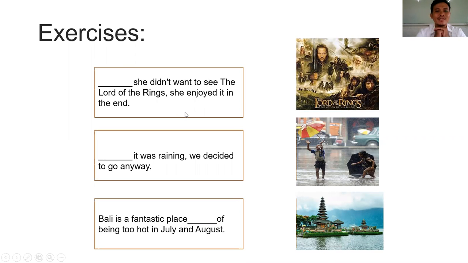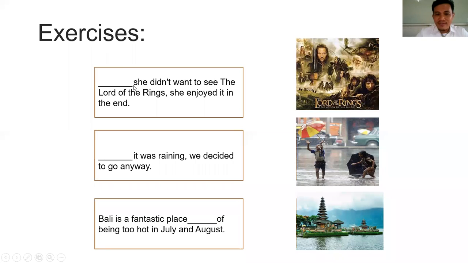Rahmi, sir. Okay, Rahmi, please. Even though she didn't want to see the Lord of the Rings, she enjoyed it in the end. Is it good? Yes, correct.